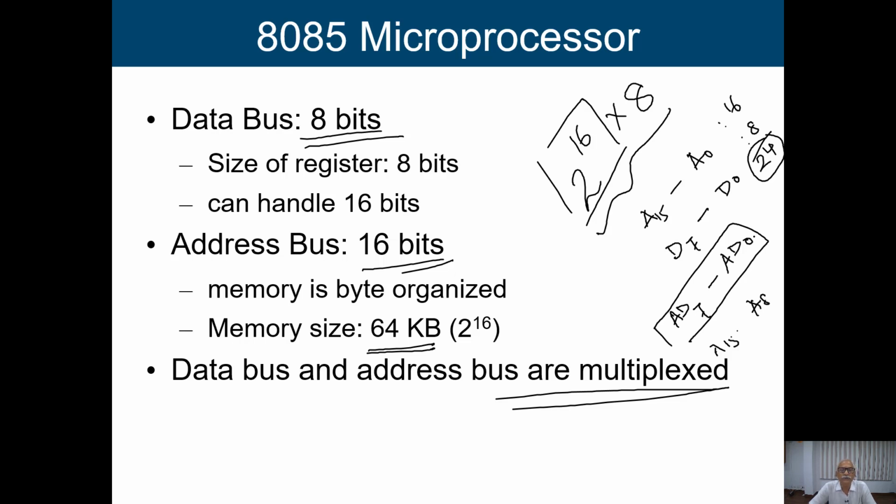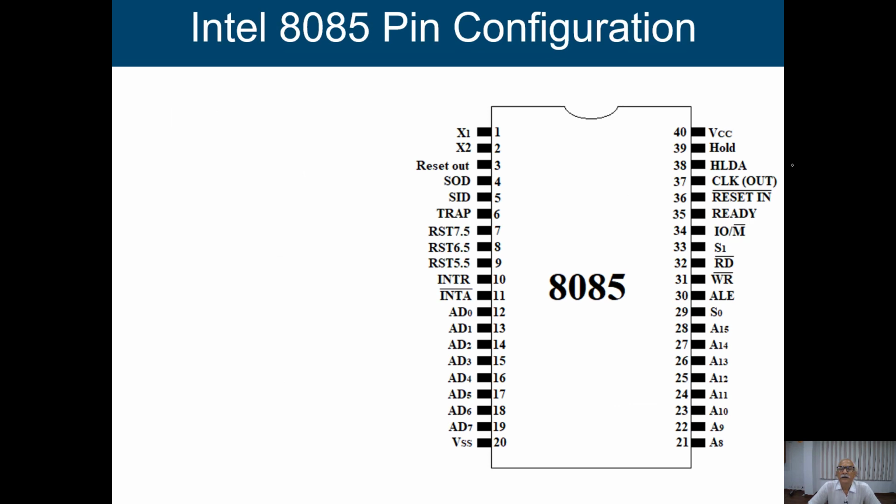Now we have to distinguish whether what we have placed on these 8 lines is an address or data. For that, you see this is the layout of our pin diagram. As I already said, X0 and X1, pin numbers 1 and 2, are where the clock signal is given; we put a crystal at this point. Secondly, VSS and VCC are the power supply.